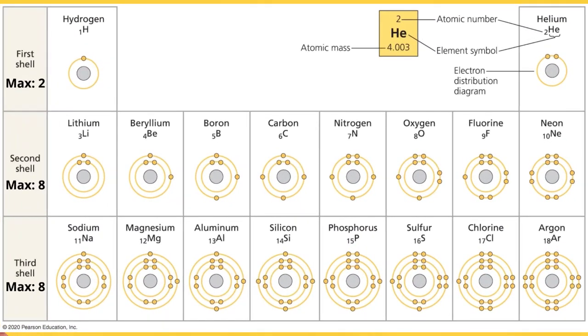The first energy level holds 2 electrons, and then electrons will go into the second energy level, which can hold up to 8, and that is the same for the third energy level. Again, I don't see them really asking how many electrons are in boron or something like that, but just remember this 2-8-8 pattern, and you should be fine.